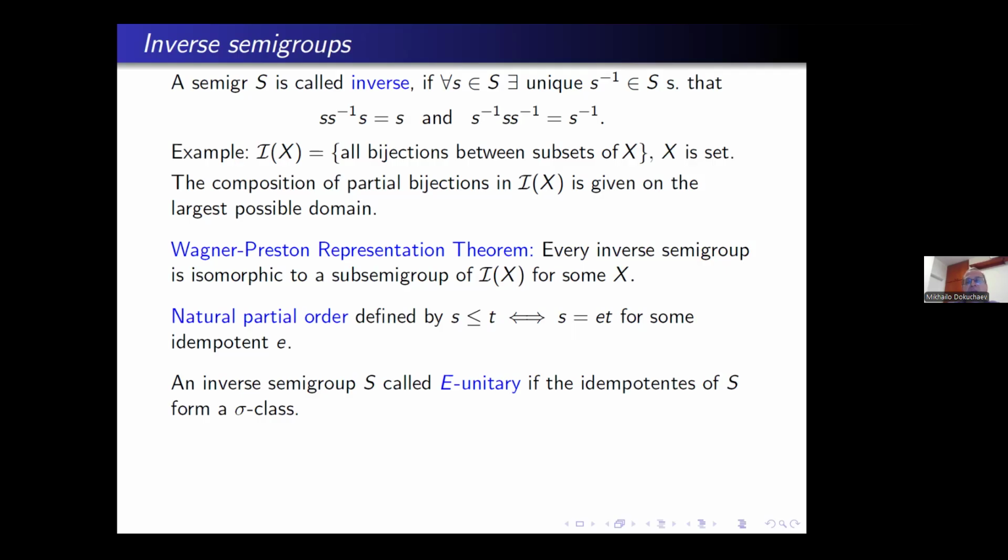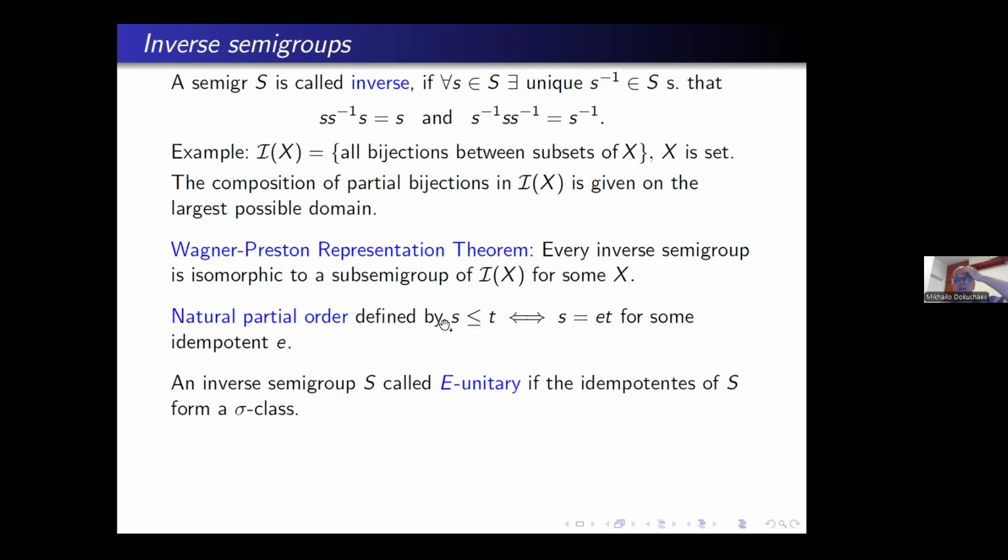These are those inverse semigroups for which the idempotents form a unique sigma class. So what is the sigma class? If you go from T to S, you are in the same class, and if you go up to another element, you are still in the same class.